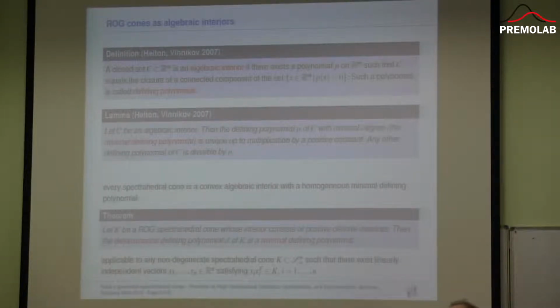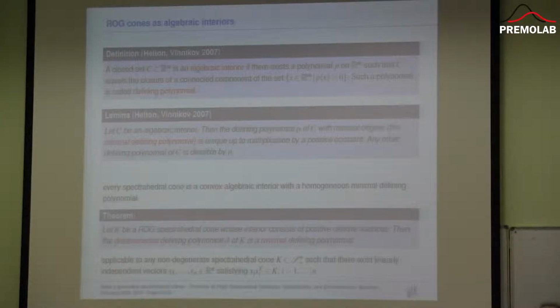At first, we can give an algebraic characterization. From real algebraic geometry, we have an object that's called an algebraic interior. What does it mean?